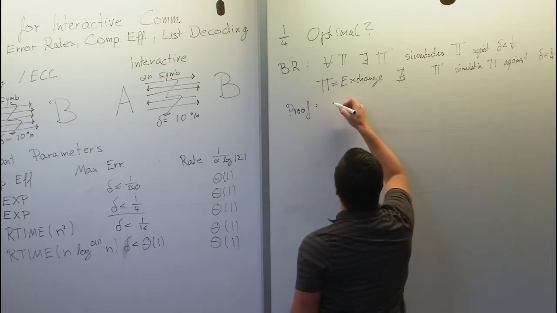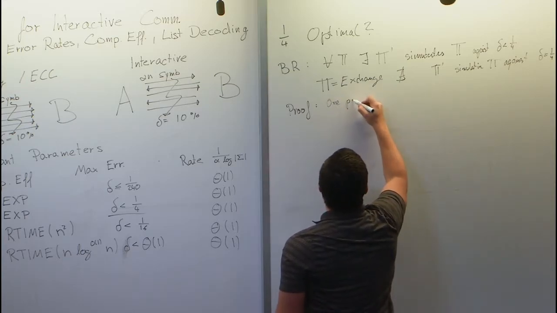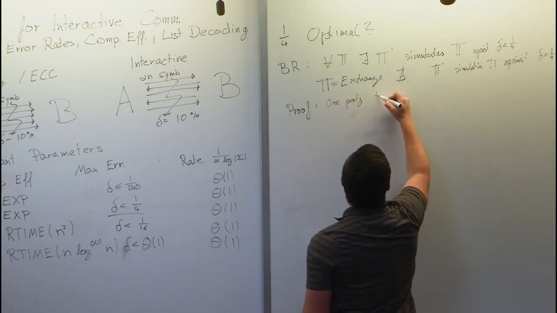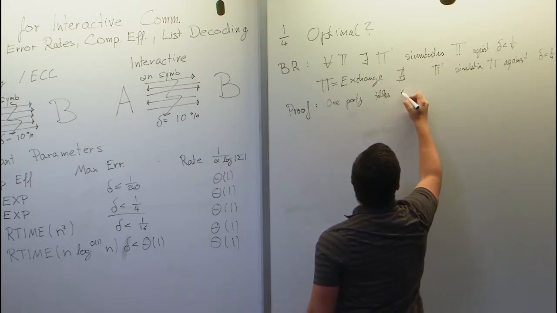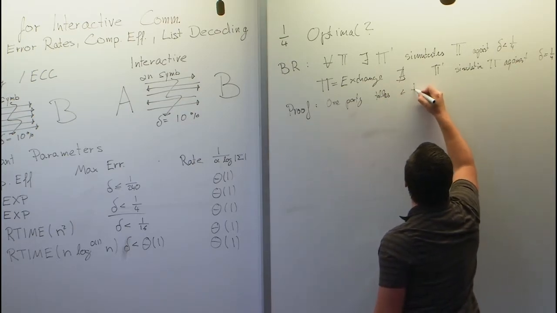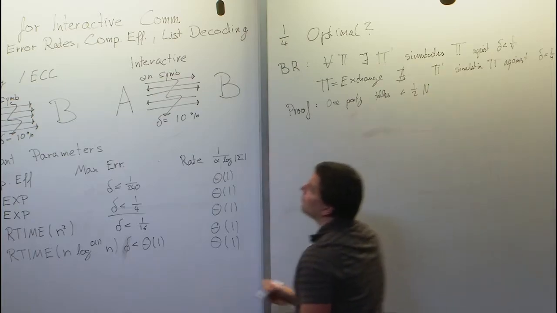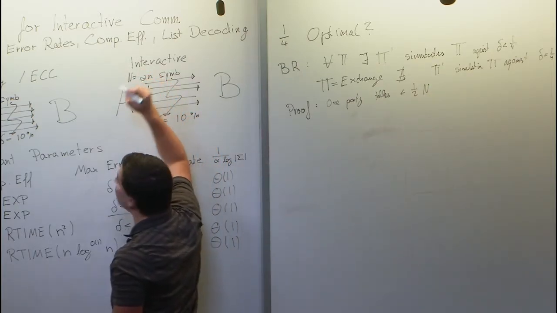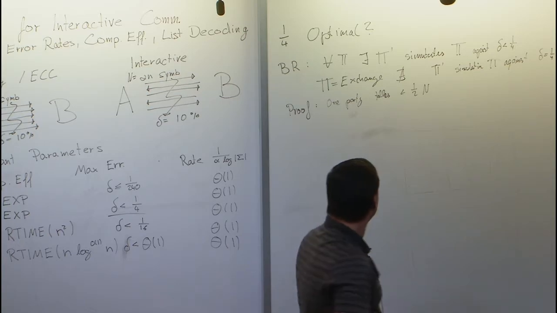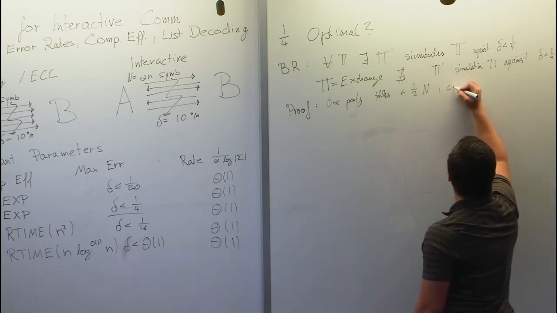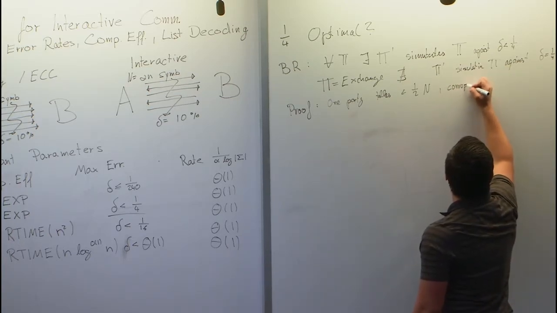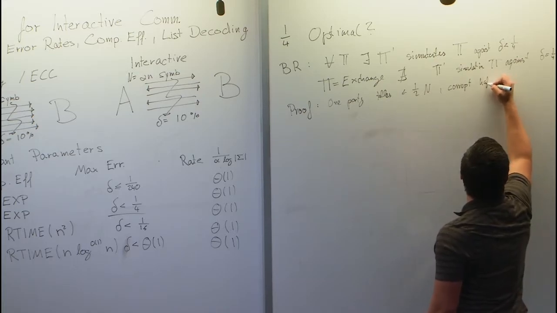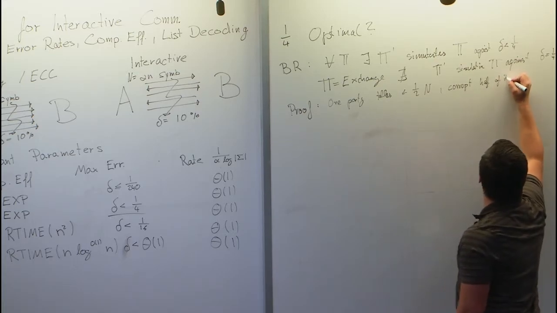was essentially, well, one party talks less than half of the time. So less than half of N, where N is the total number of rounds that we're running. So we can corrupt half of its transmission.